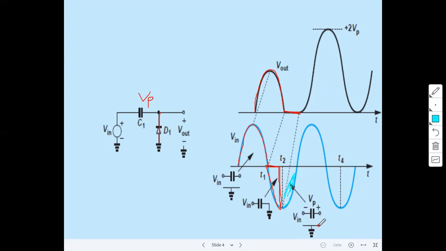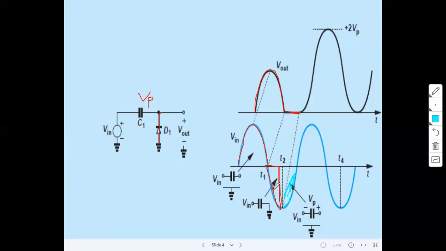Whenever the diode D is in the off state, this is the equivalent circuit, and the capacitor polarity is left side minus, right side plus. Now, unless the input changes its amplitude, the diode never conducts in the remaining subsequent cycles. The diode conducts only in the negative cycle, first quarter cycle only.